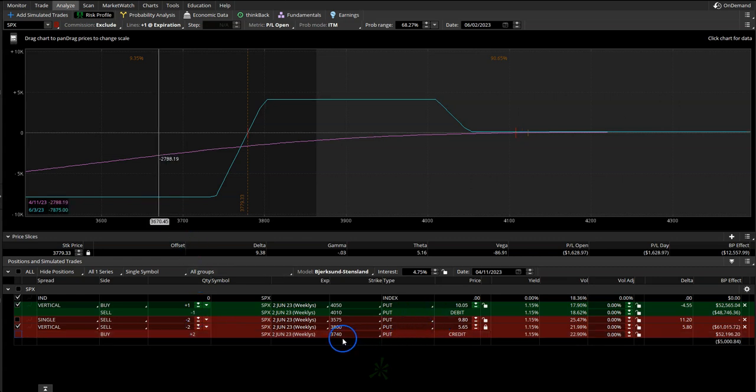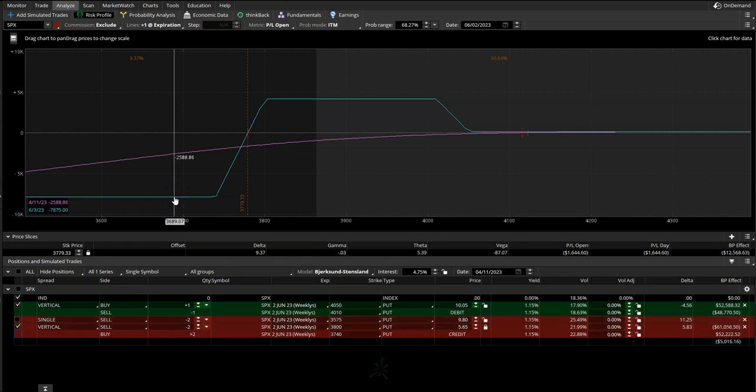If S&P 500 is below 37.40 at expiration, we could lose $3,000. Well, we can lose $4,000, right? And then since we have 2 of these spreads, this will go to $8,000.